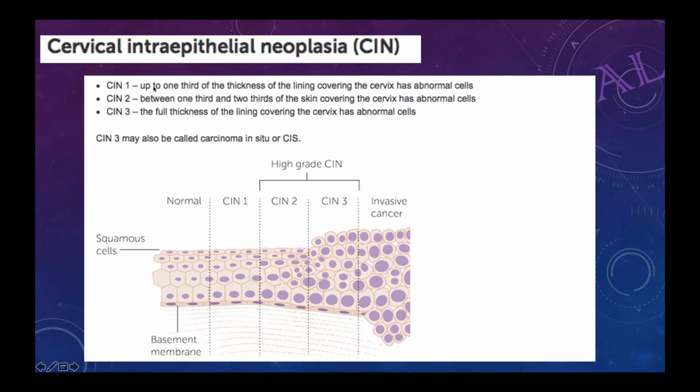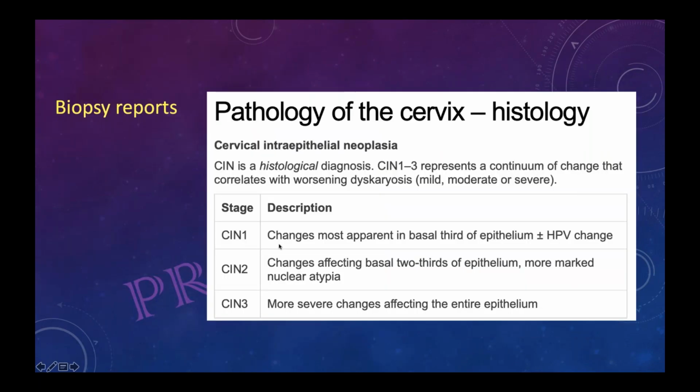What is CIN 1? It is up to one third of the thickness of the lining covering the cervix that has become abnormal. CIN 2 is between one third and two thirds. CIN 3 is the whole thickness. So usually questions come from this line.